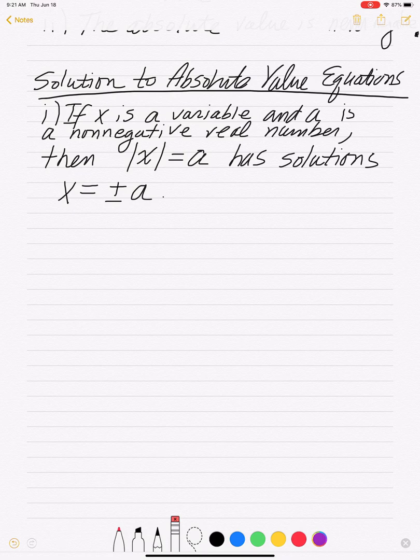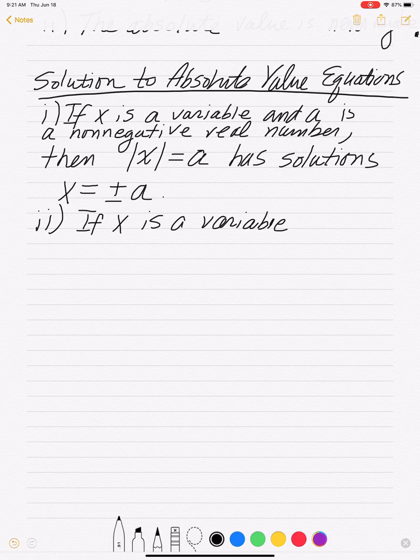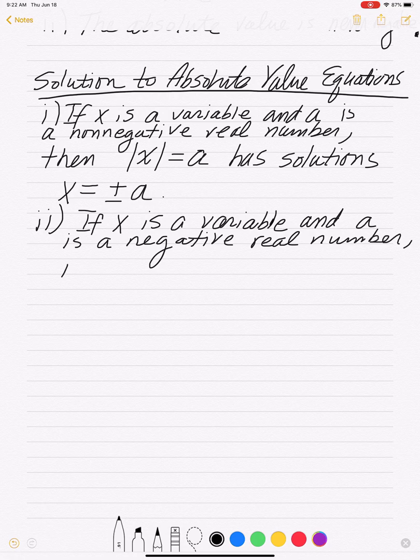Here's a second fact we can mention. If x is a variable or a variable expression, it could be a combination of different things, variables and numbers, but let's just say if x is a variable and a is a negative real number, then this equation, the absolute value of x equals a, this has no solution, has no solution.